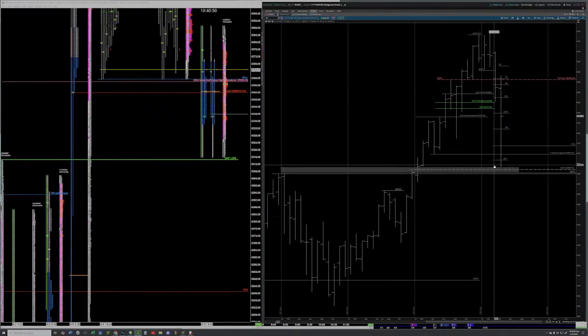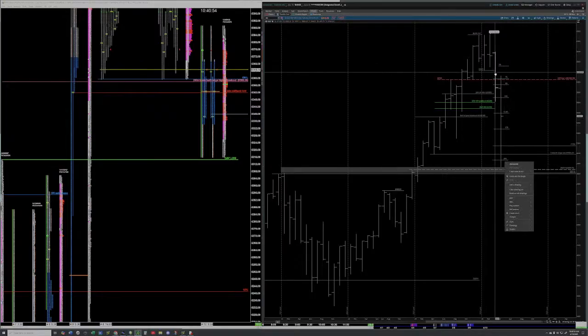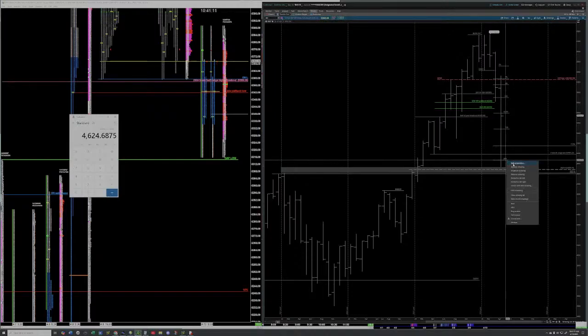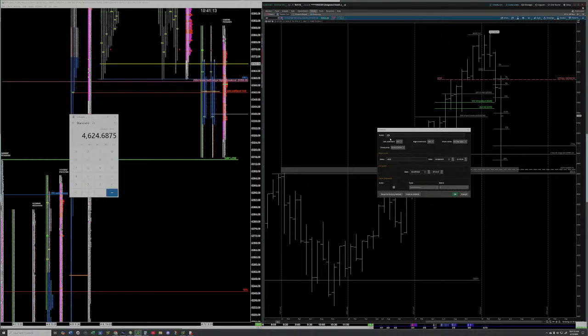The next thing, let me check where 25% is, right? That will be a huge correction. I think we have seen most of it. 4624. Uh-oh.